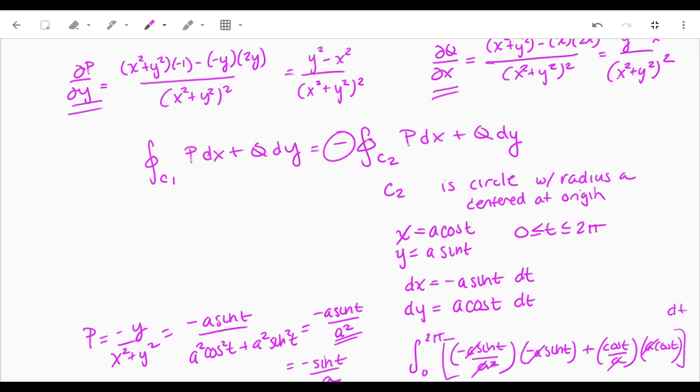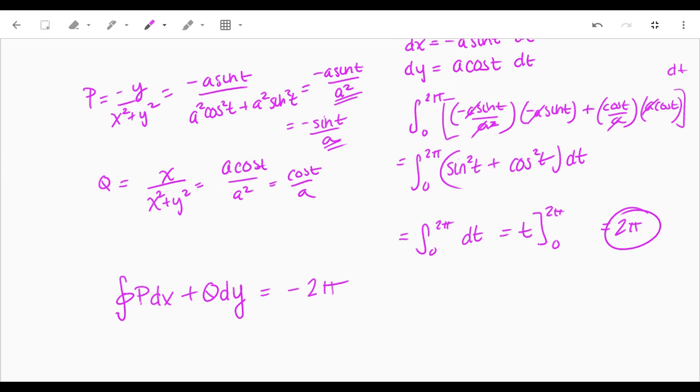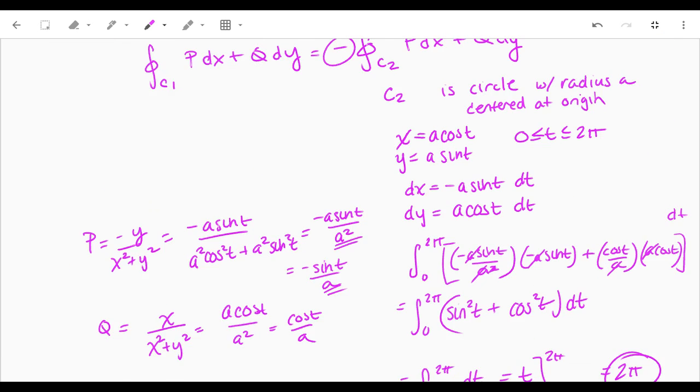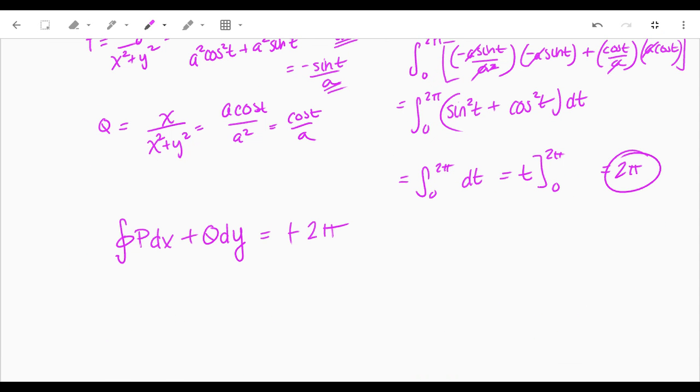So I switched the orientation there, so I should switch it again here. So it's a negative, negative, and then I get the 2 pi. That's it. It had to do with the orientation of that interior circle, which changes the bounds in a way that I forgot. So it was all fun right until the end, and then I lost a negative. But there you go. So we're able to find that line integral that we were looking for.